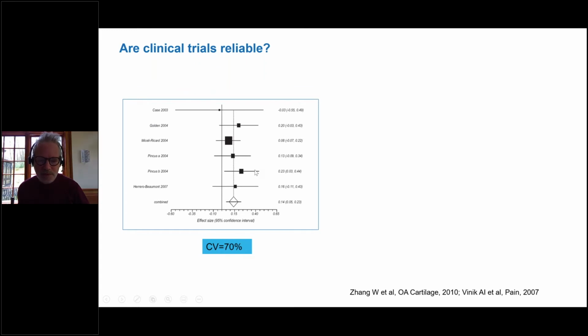The protocols are similar, the outcome measures are similar, the diseases are similar, the patients are similar, the regions are similar, et cetera. This happens to be acetaminophen for the treatment of osteoarthritis of the knee. It doesn't matter. You see the same thing when you look at any meta-analysis.